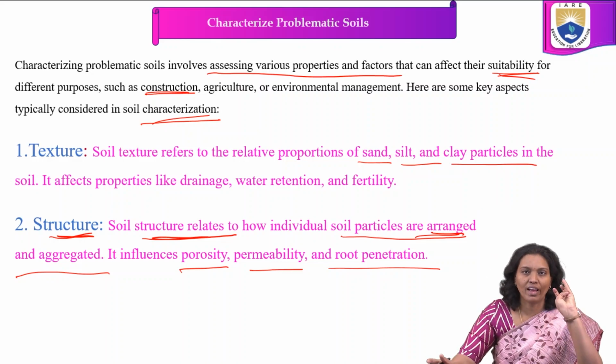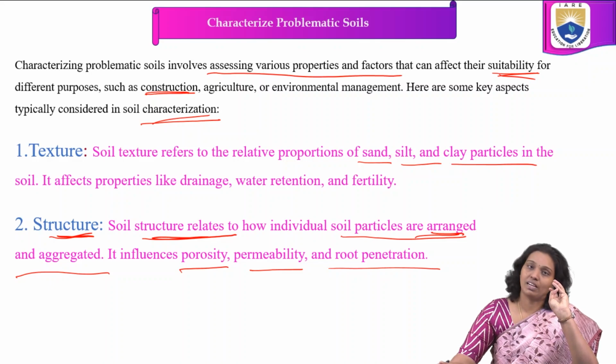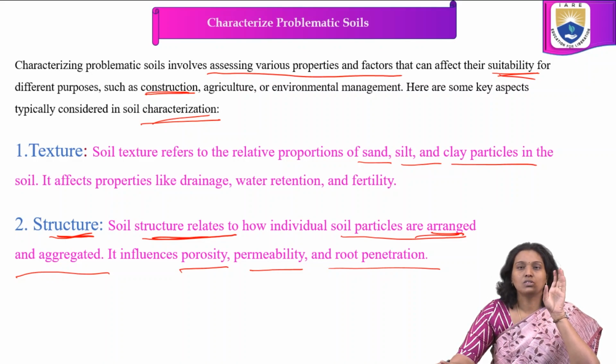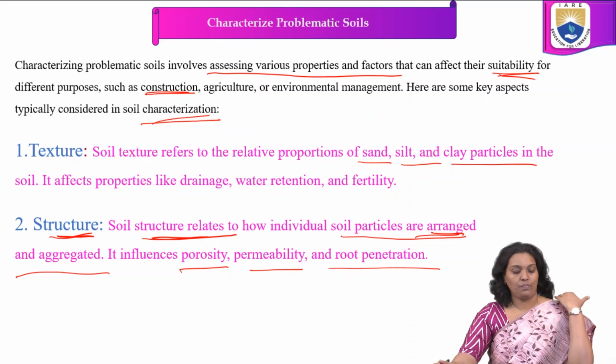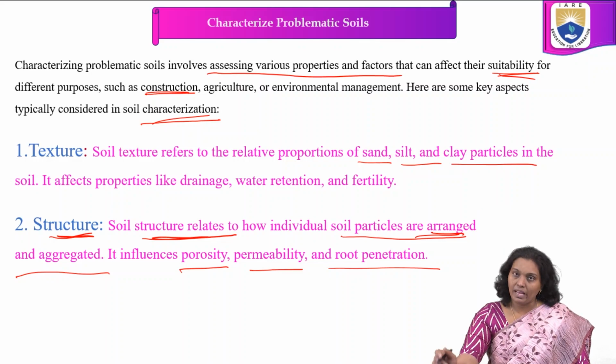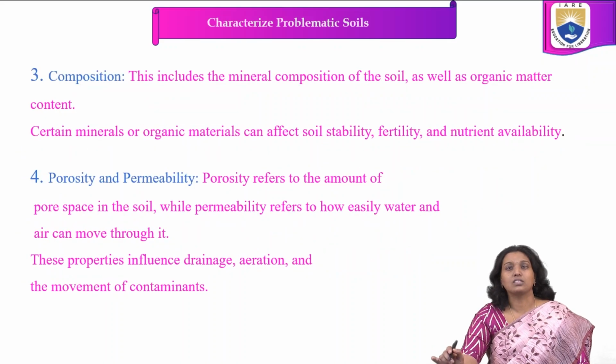Porosity is influenced by the structure of the soil, similarly permeability, and penetration also depends upon the structure of the soil. These are the parameters influenced by the structure of the soil particles. Next, composition.